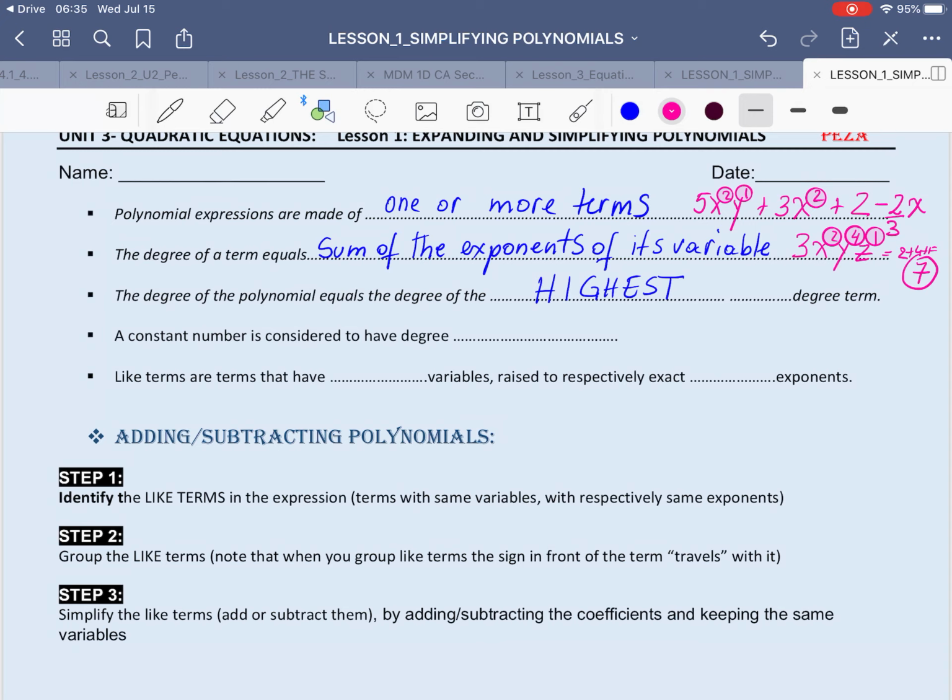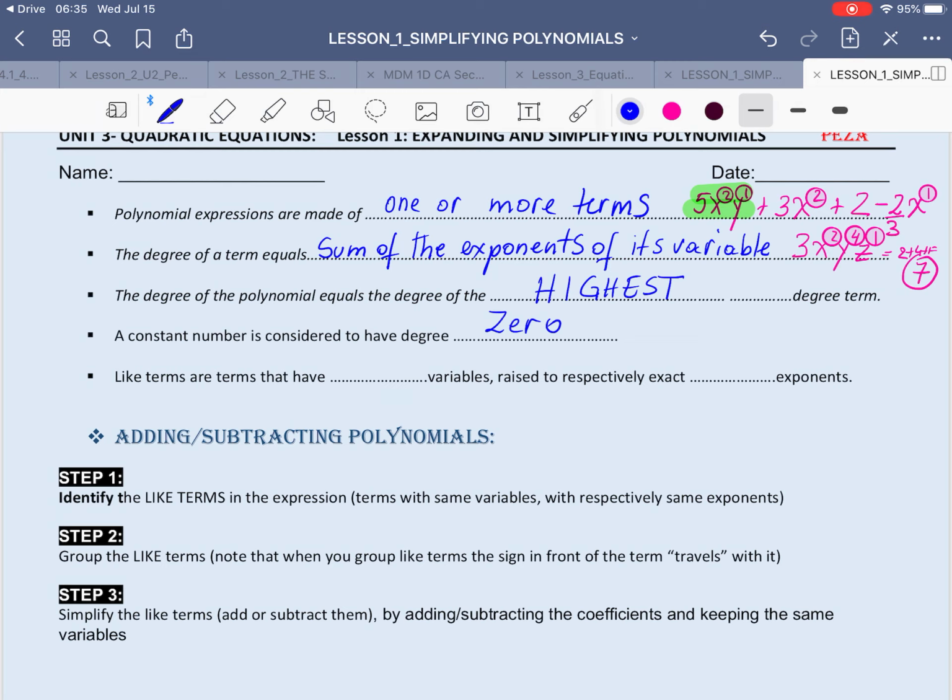The degree of the third term is 0, and the degree of the last term is 1. The highest degree term is 5x squared y. That makes the polynomial third degree. A constant number is considered to have degree 0.